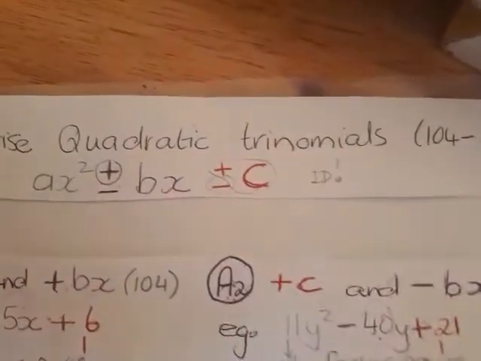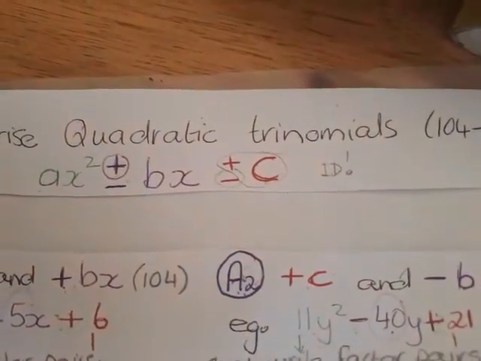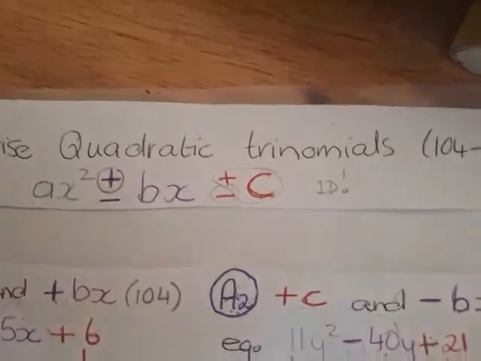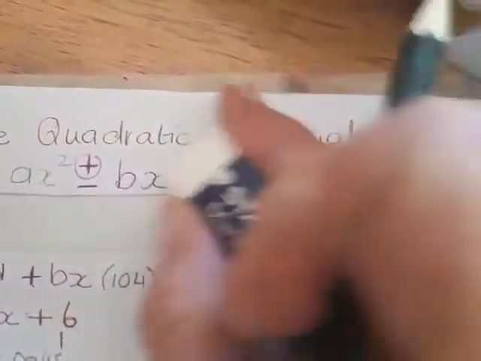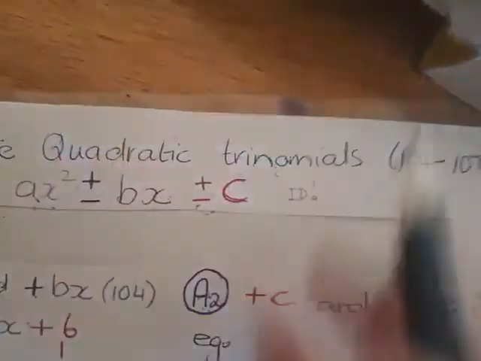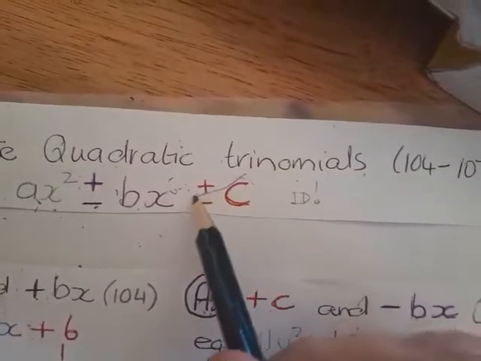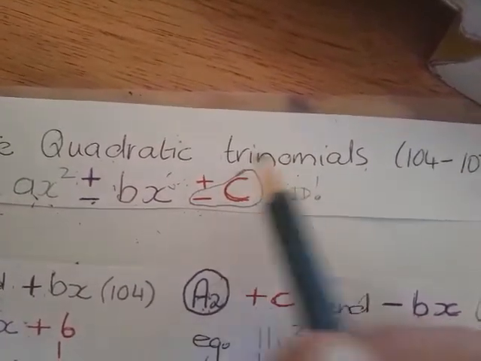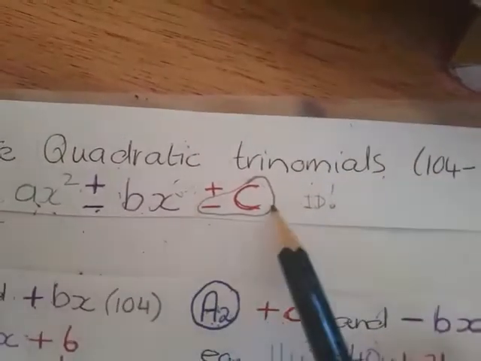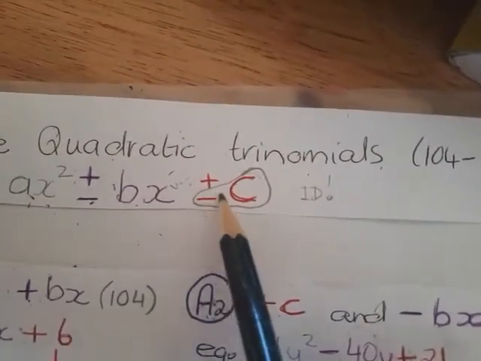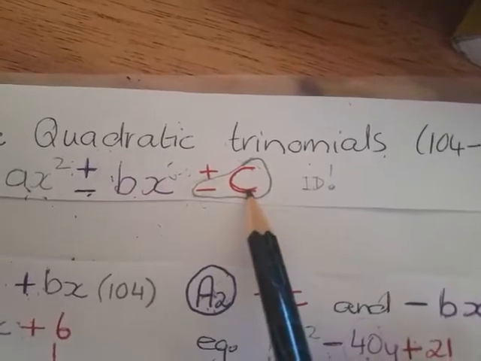Now, for the second lot of methods, which we're going to call B1 and B2, we will look at the negative C. Meaning, if you have a trinomial, the first thing you do is look at the sign of your third term.